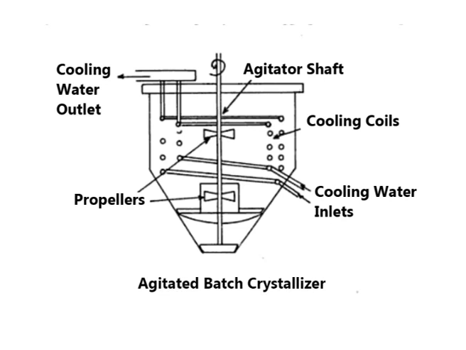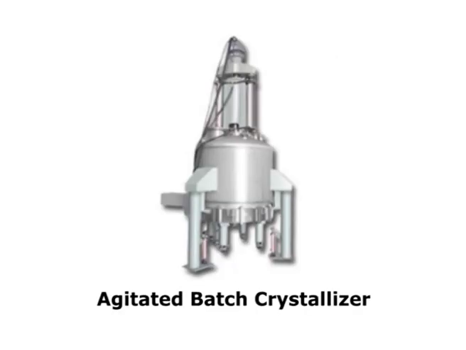Second, by keeping the fine crystals in suspension, it gives them an opportunity to grow uniformly instead of forming large crystals or aggregates. Crystals are collected from the bottom of the equipment by a suitable method and processed further for the separation of mother liquor.